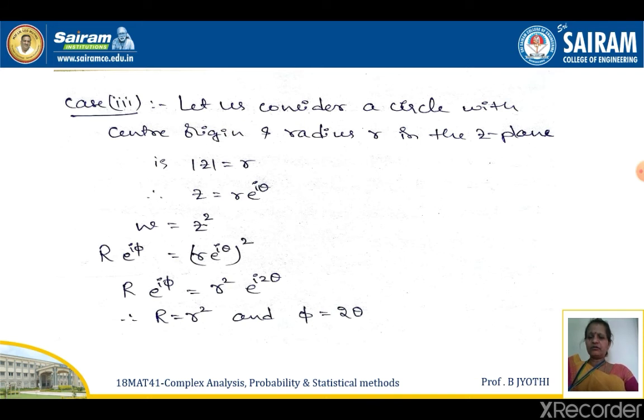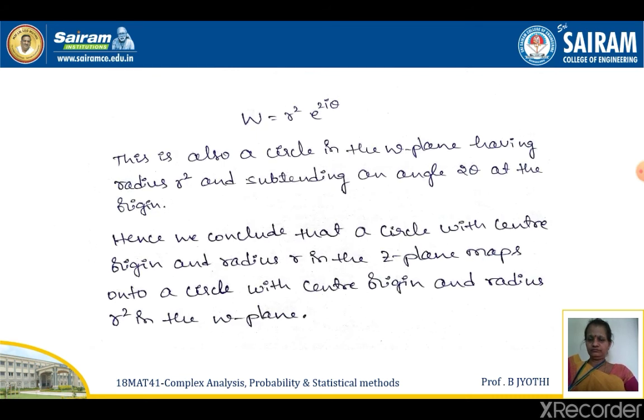When we take w equals z squared, we get R e power i phi as (r e power i theta) the whole squared, that is r squared e power 2i theta, and therefore capital R is r squared and phi is 2 theta. And w is equal to r squared e power 2i theta.